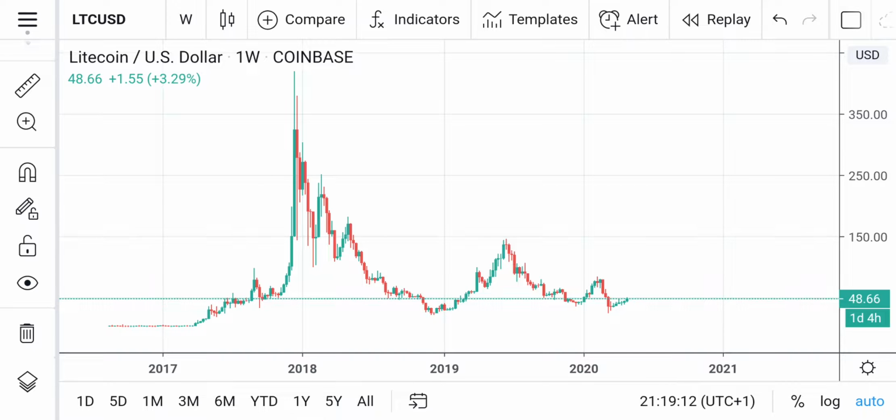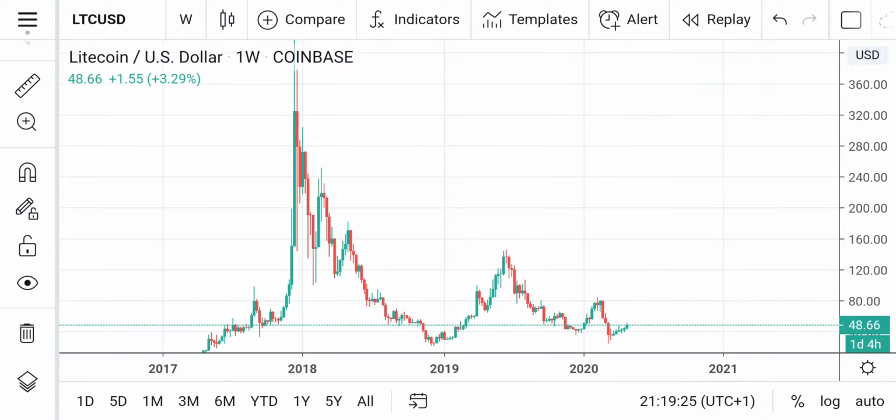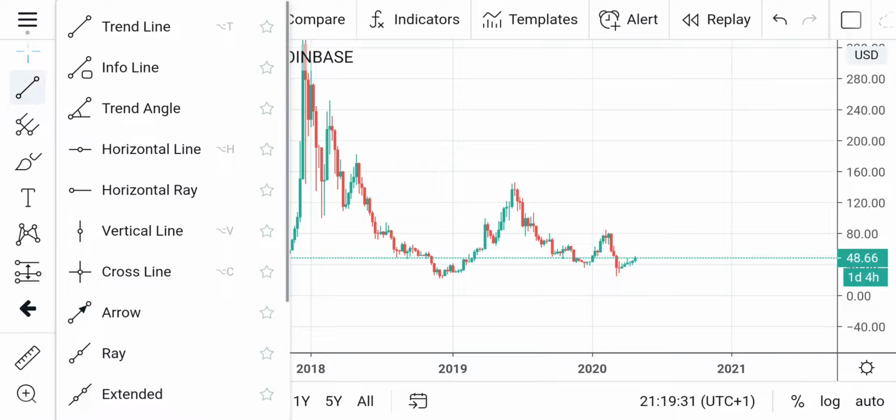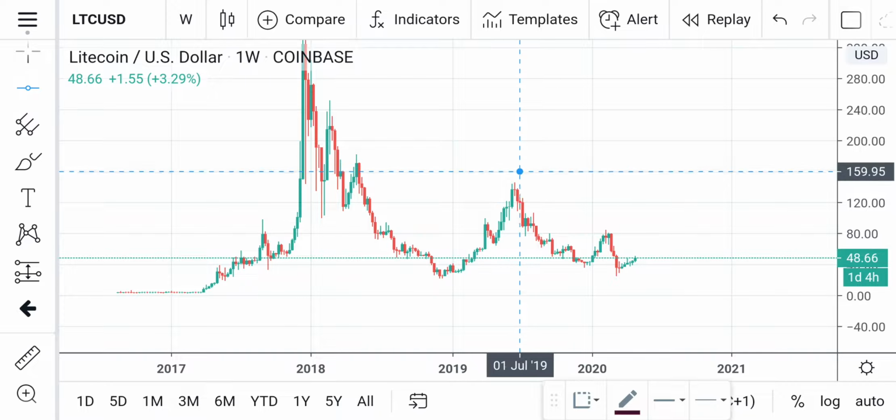The first thing I want to do to get my trend bias is to add my 200 period moving average. But before that, I want to identify my key levels on the weekly charts, just a few key levels that stand out really well.